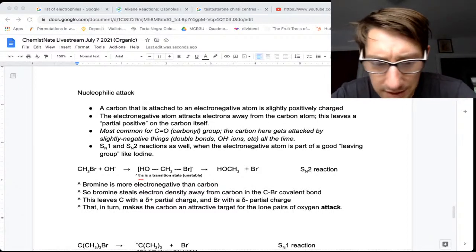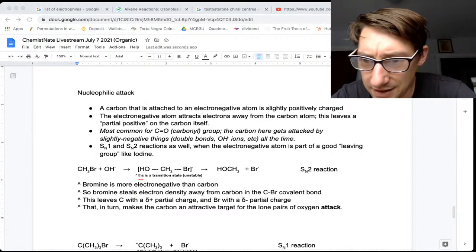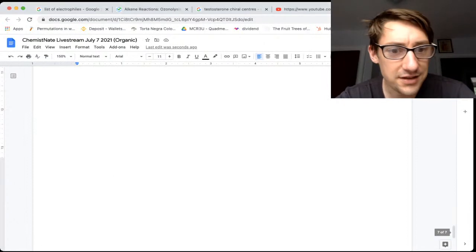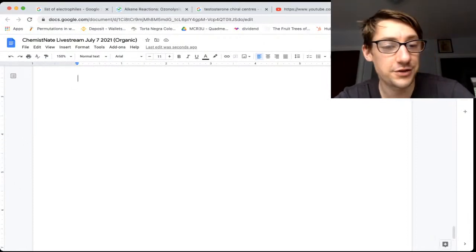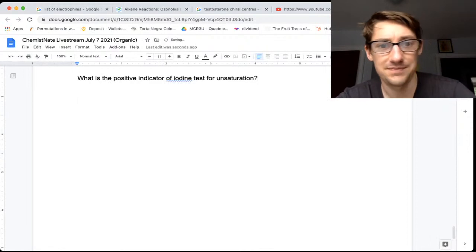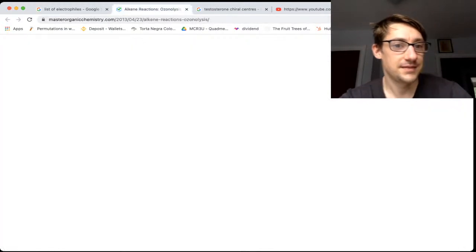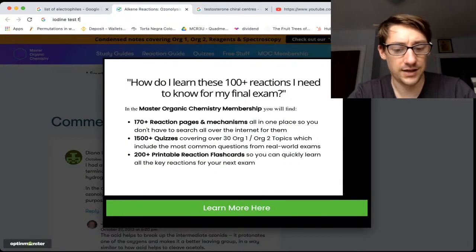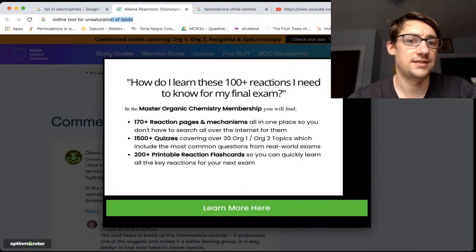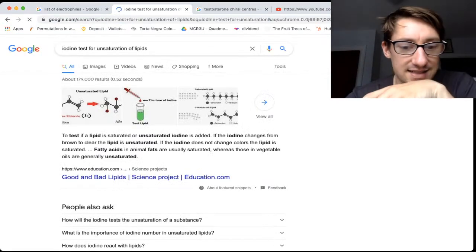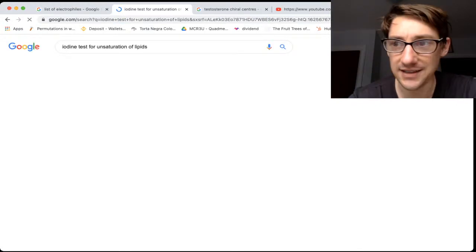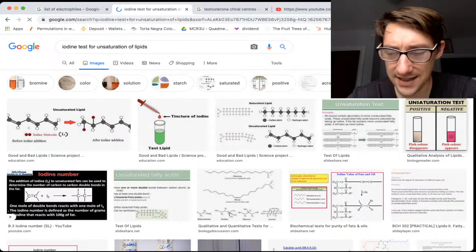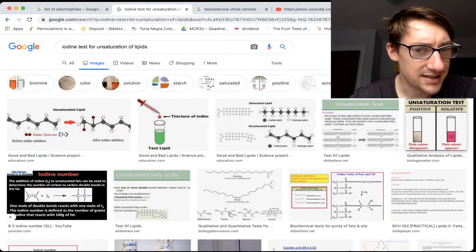The next question is, what is the positive indicator of iodine test for unsaturation? This is actually, I think, the last question. If you have further ones, feel free to ask them right now. I don't know the answer to this, though, but I'm going to go find out. Iodine test for unsaturation. It specifically says lipids, but I'm sure it would work for all alkenes. A positive test is that the pink color disappears.